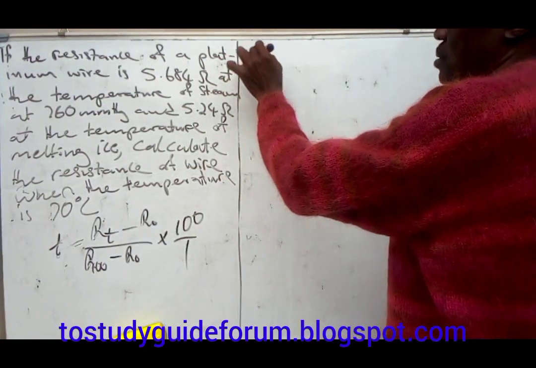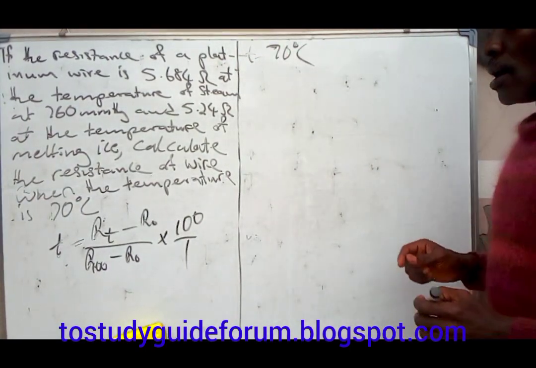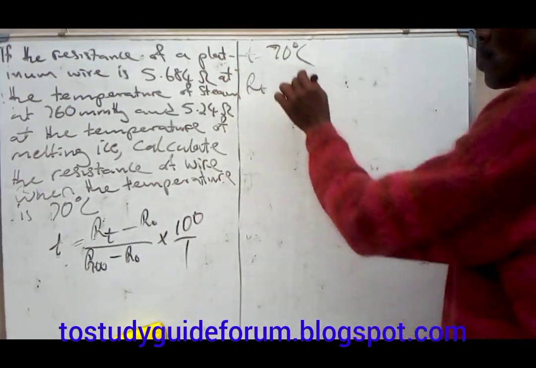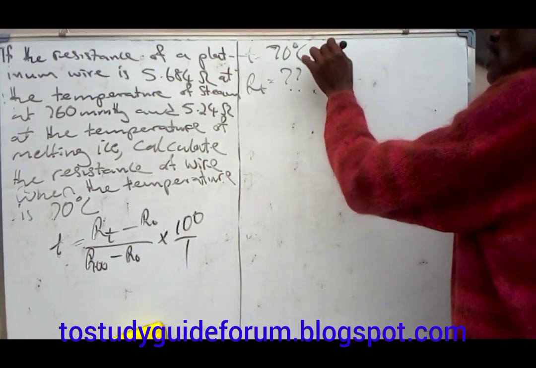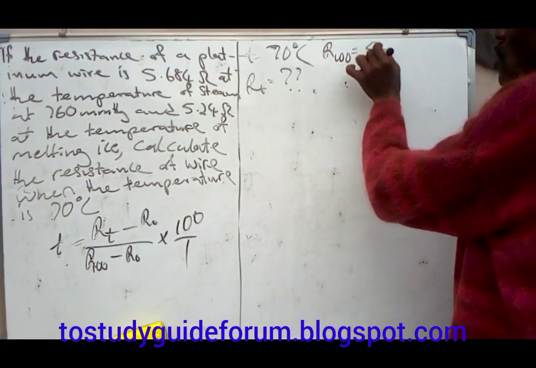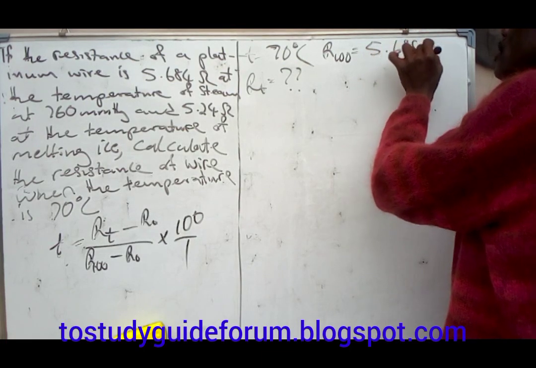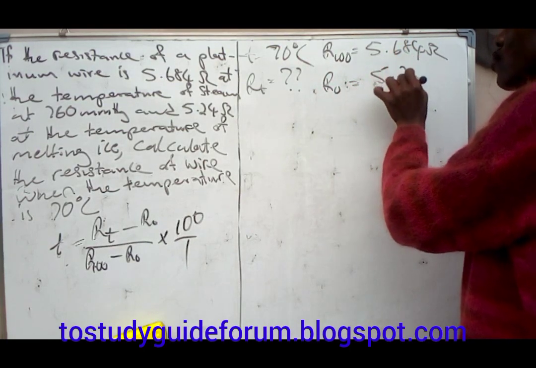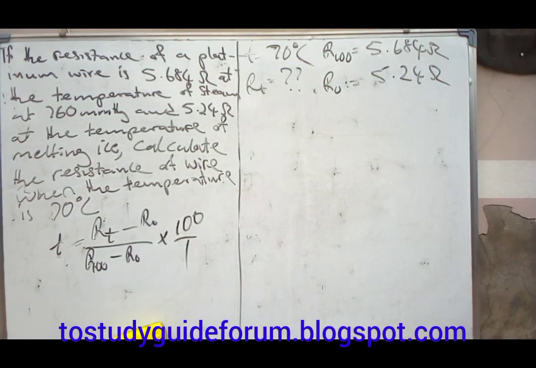The temperature is 70 degrees Celsius, and what we're looking for is the resistance at this temperature. We don't know it, so we put a question mark. The resistance at 100 degrees Celsius is 5.684 ohms, and the resistance at 0 degrees Celsius is 5.24 ohms.